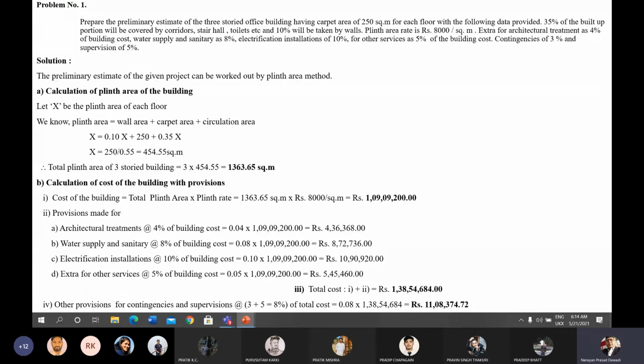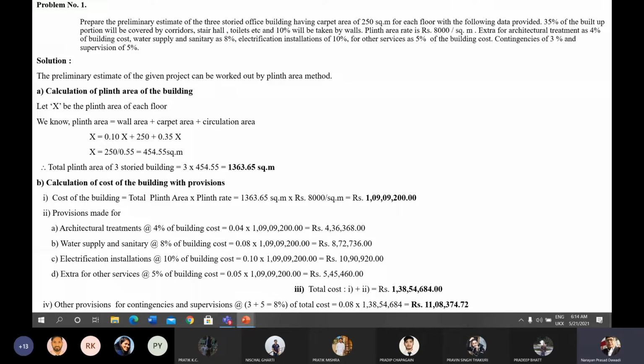The problems generally asked in the exam relate to the plinth area method or cubic content method, and that's why I have done two types of numerical problems regarding the plinth area method as well as the cube rate method.